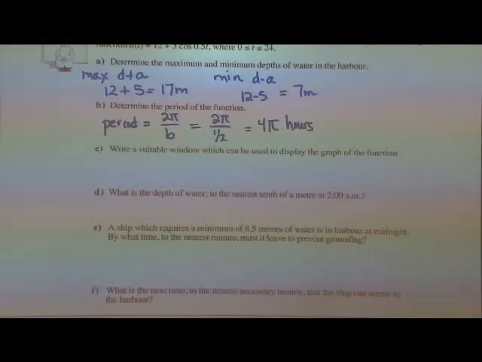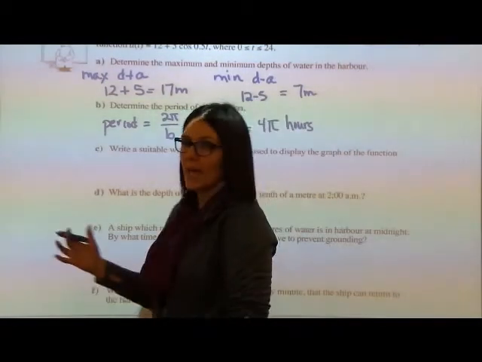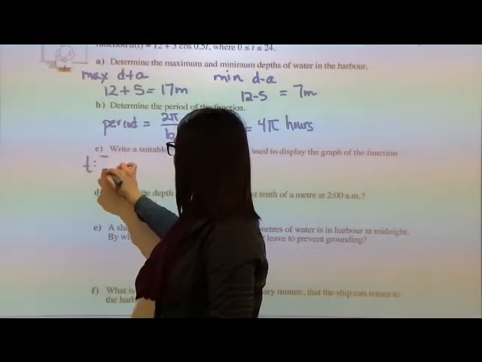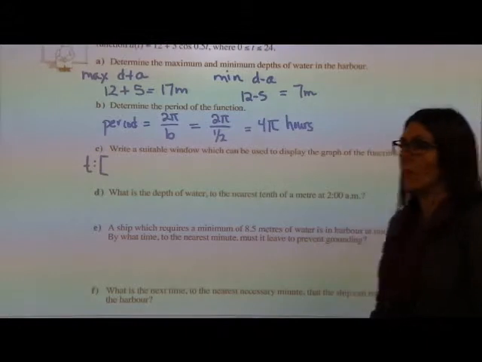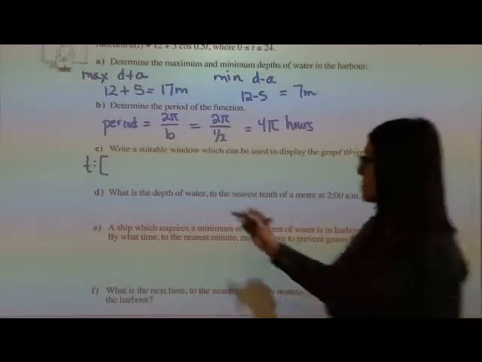Okay, question C says write a suitable window that could be used to display the graph of the function. In this graph, my x-axis is my time. And I'm actually given the time range. What is my time range? 0 to 24.